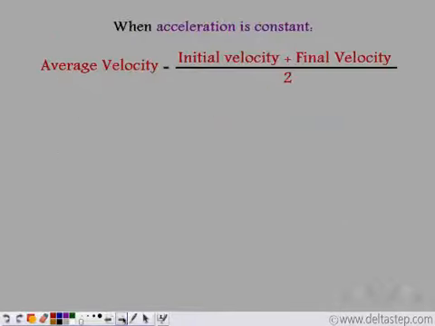When the acceleration is constant, average velocity is equal to (u plus v) by 2. So, average velocity is equal to initial velocity plus final velocity by 2.